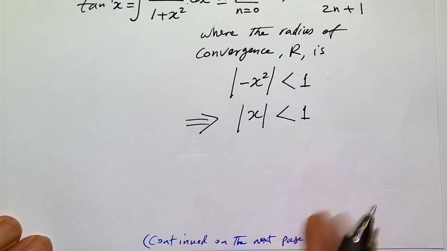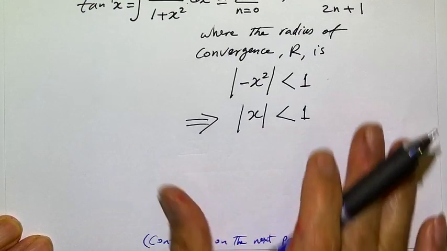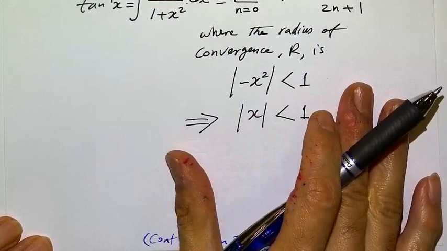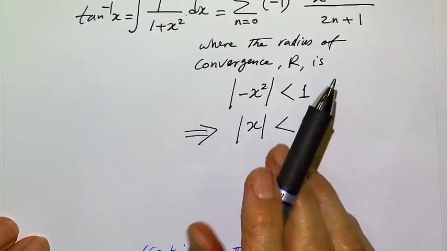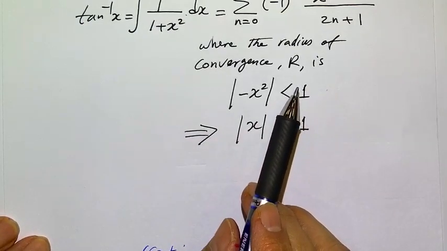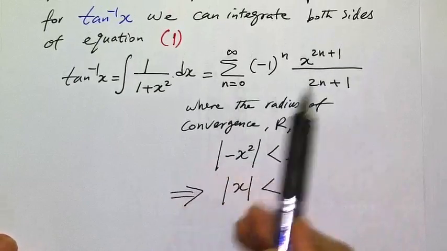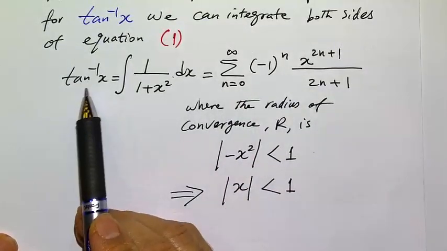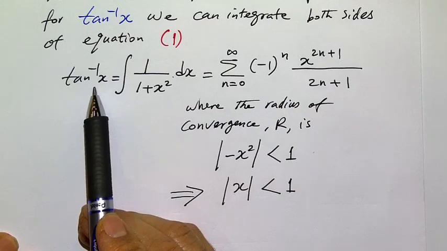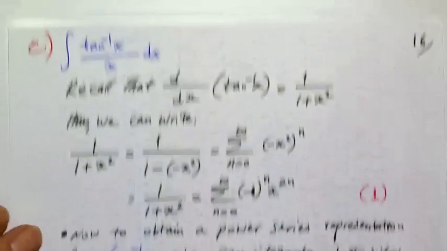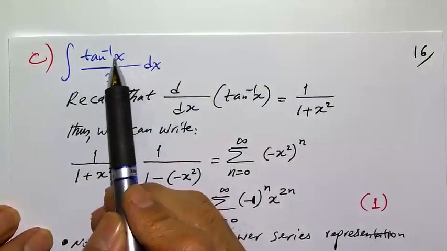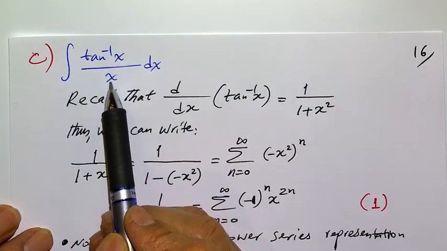So now that we have that, this is the power series that represents inverse tangent of x, then what we had was inverse tangent of x divided by x.